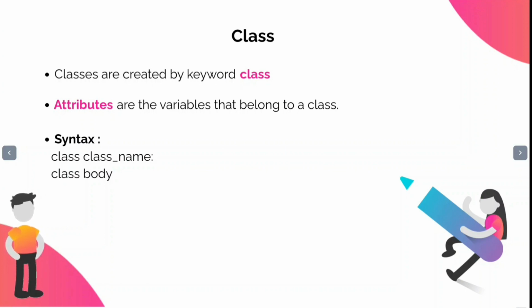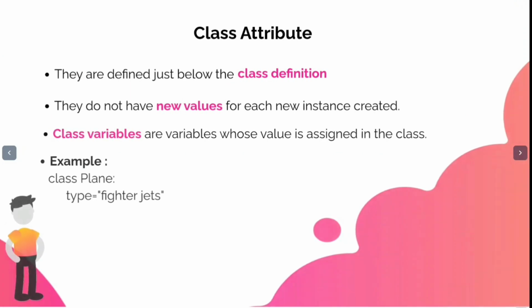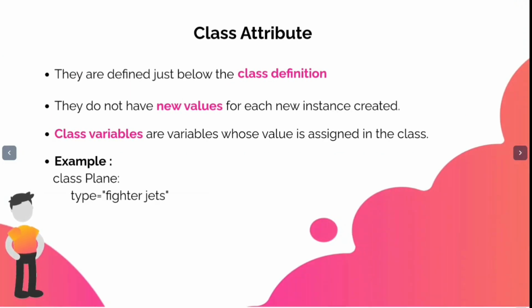This is the syntax where we have defined the class followed by the name of the class and colon. Class attributes are defined below the class definition. They do not have different values for each new instance created. Class variables are variables whose value is assigned in the class.